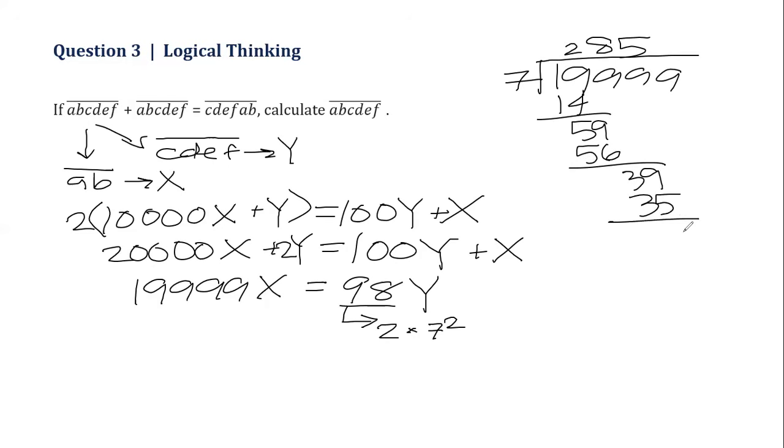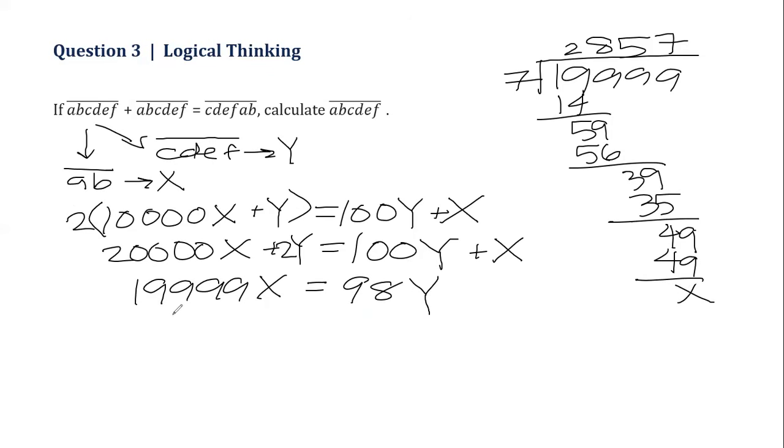This is 49. And 7 times 7 is 49. So fortunately, 19,999 is divisible by 7. So we can divide the equation by 7.